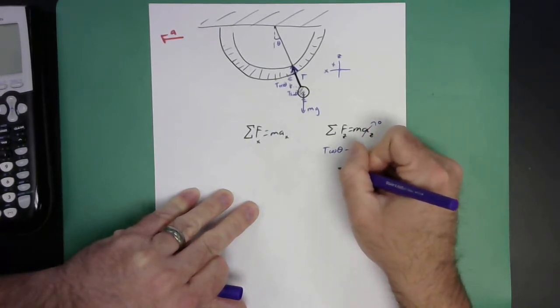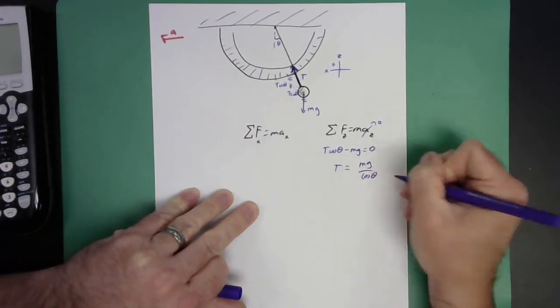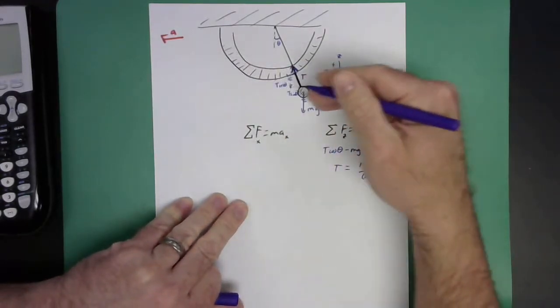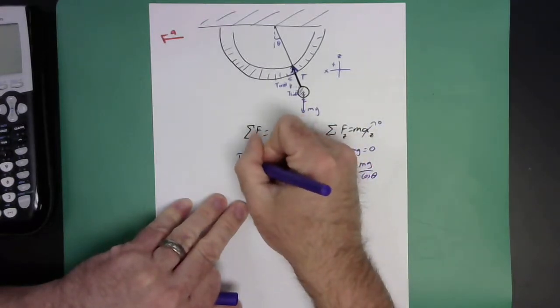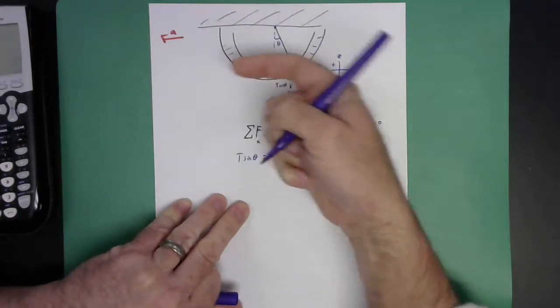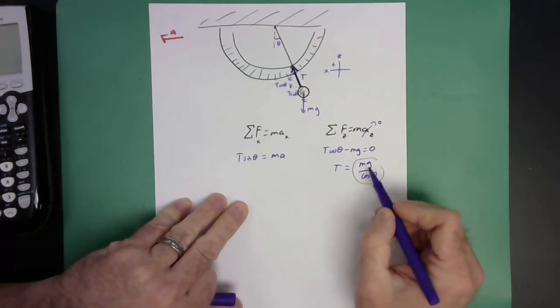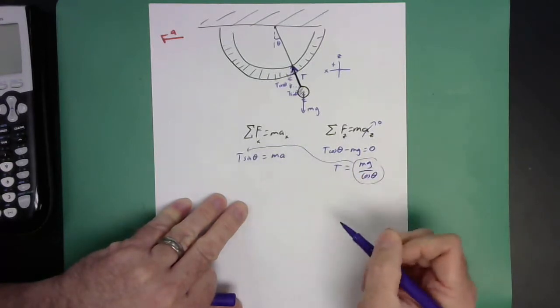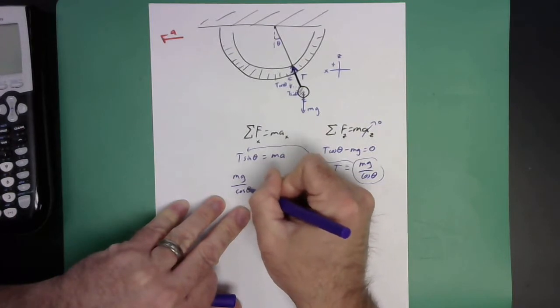And so I can get that the tension is mg over cosine theta. Coming over to the horizontal axis, T sine theta equals mass times that acceleration, and we are accelerating this way. If I substitute this in there, look at the coolness that's about to happen.